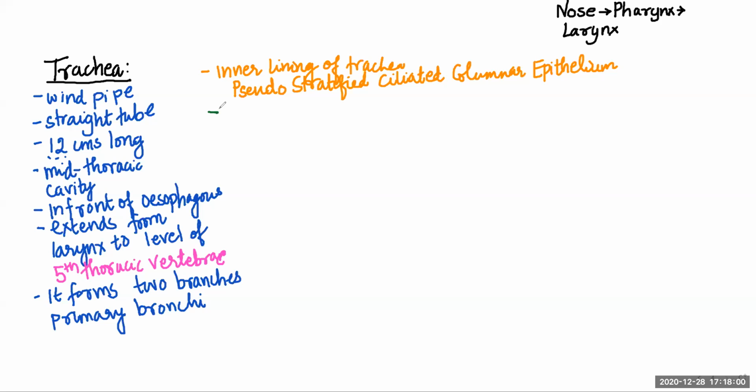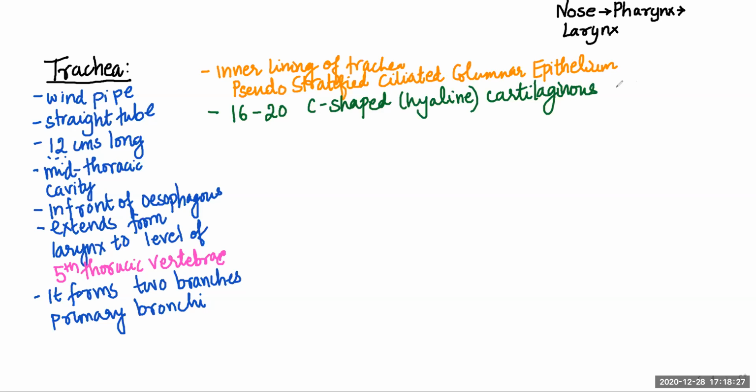Then throughout the length of the trachea, there are 16 to 20 C-shaped cartilages which are what? Hyaline. Remember? C-shaped hyaline cartilaginous rings. NCERT बोलता है C-shaped cartilaginous rings.